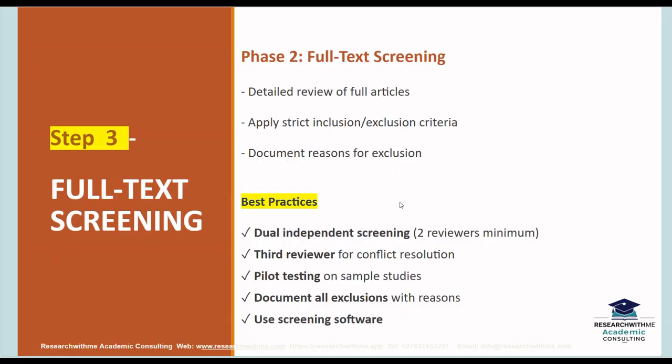Then, pilot testing on sample studies: you can pick some studies randomly and see if they respond to your research question. For example, if you are down to 50 articles, you can pick 4 or 5 articles randomly and see if they speak to the research question you want to answer in the study.